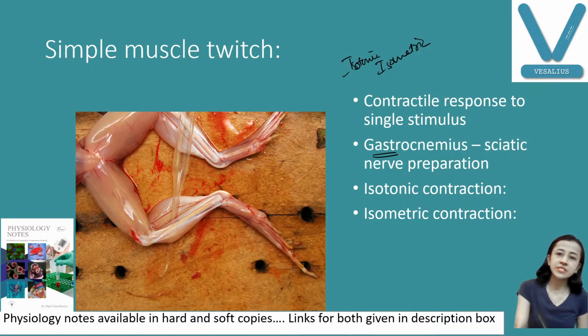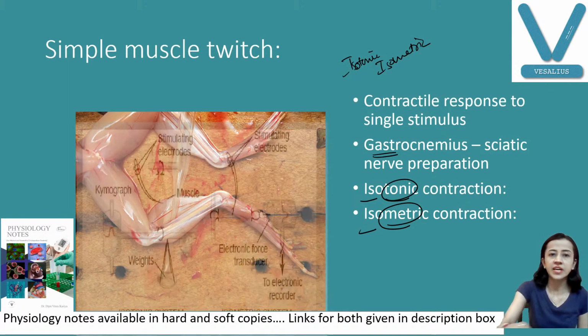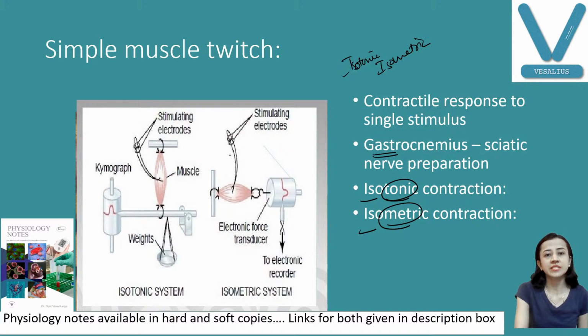As we have discussed, two types of contractions are there, isotonic and isometric. Isotonic contraction means the tone of the muscle remains the same but the length changes, and isometric contraction means the length remains the same but the tone changes. Here, when we are recording this skeletal muscle contraction, we have connected this end, and the other end is free, attached through the lever, and recording is made.